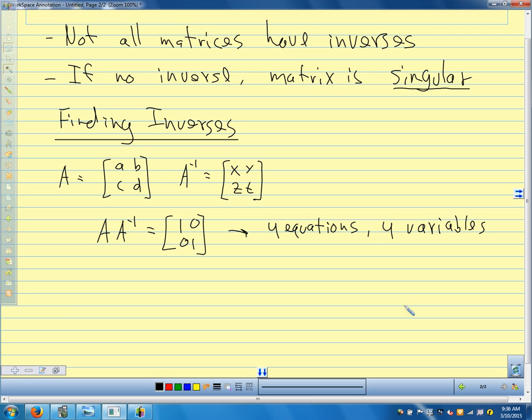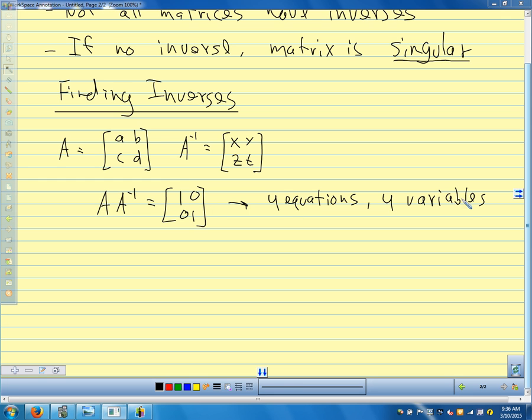So for a 2 by 2 matrix, mathematicians did this process, solving these four equations with four variables, and they said, hey, it looks like something's going on here. There's a pattern here. For a 2 by 2 matrix, the pattern is really easy.